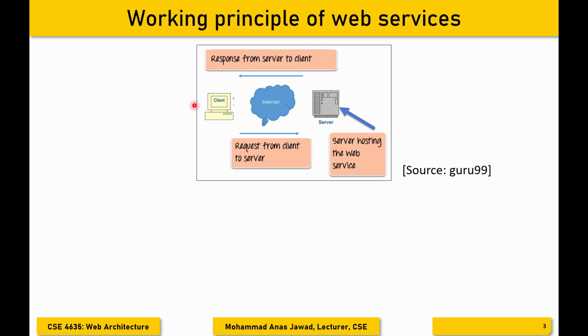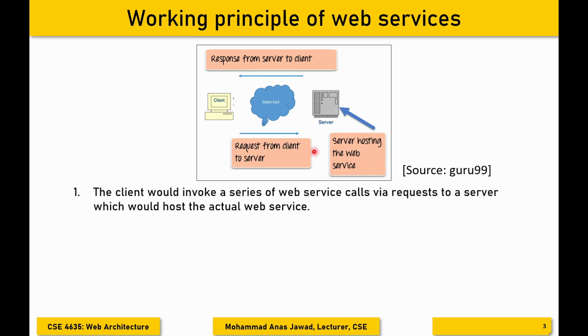Anyway, the client will send some request to the server, that is this server hosting the web service, and then the server will simply send a response back to the client by actually executing the methods that are present in that web service. So the client would invoke a series of web service calls via requests to a server, which would host the actual web service. So basically what we have just discussed right now.